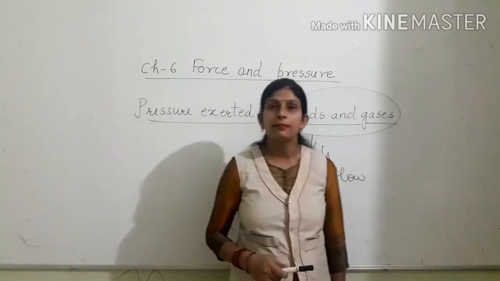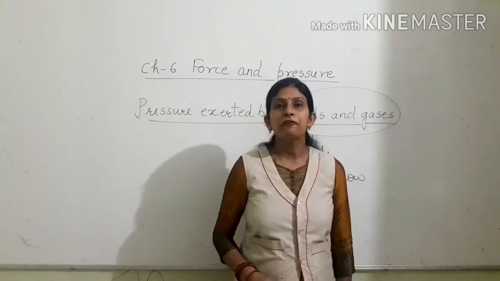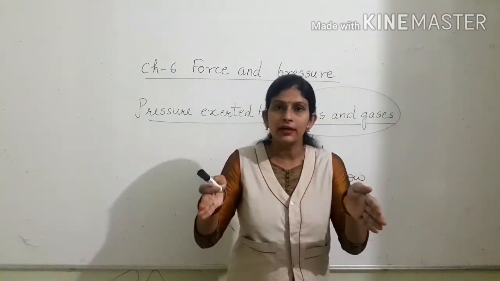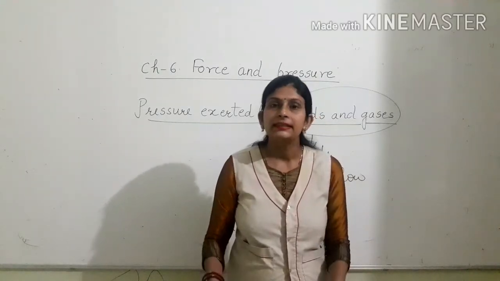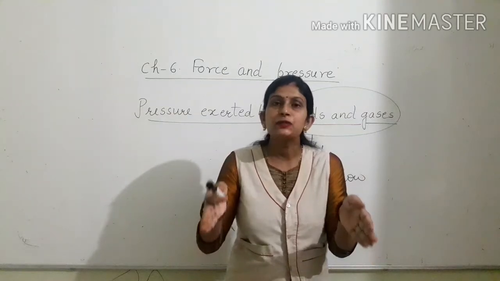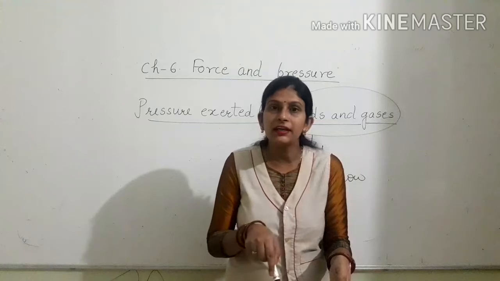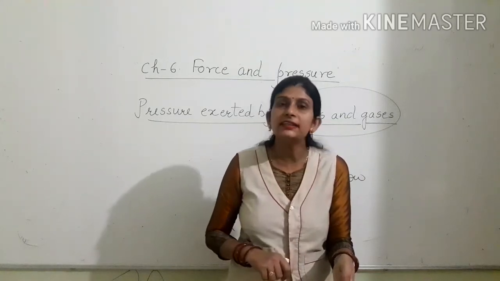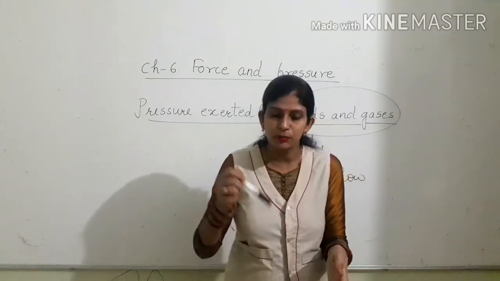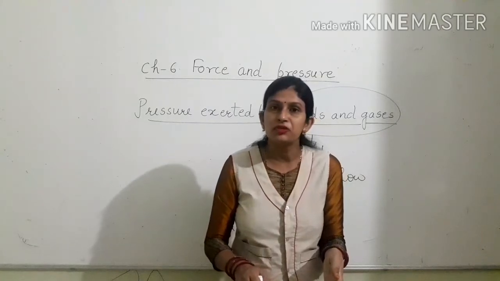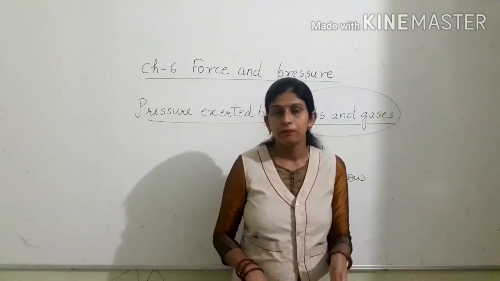What is that dissimilarity? See, if we keep any solid on any object, then that solid, as per its weight, applies force on the unit area of that object. In this way, a solid applies pressure on another object in a direction.